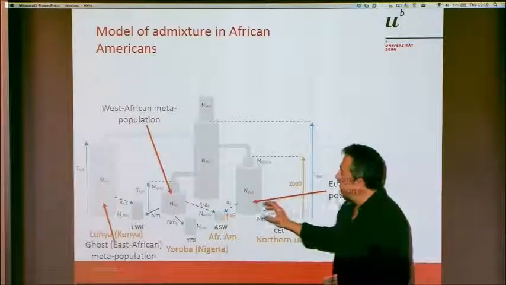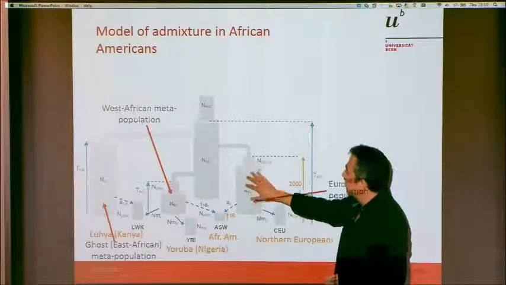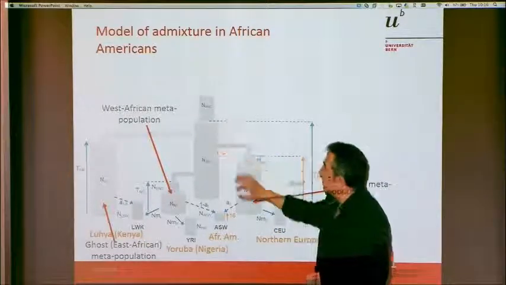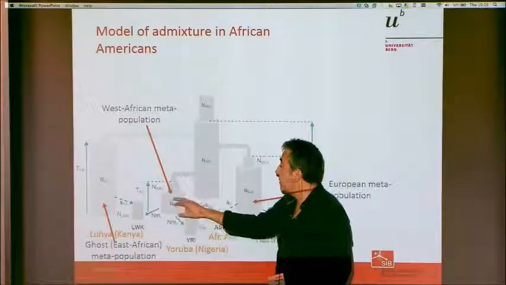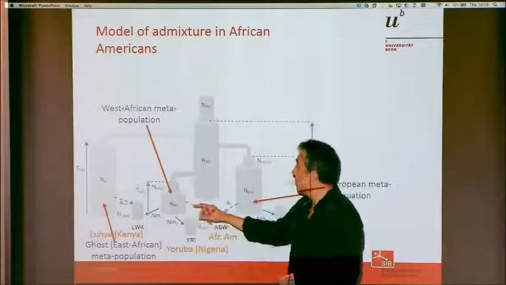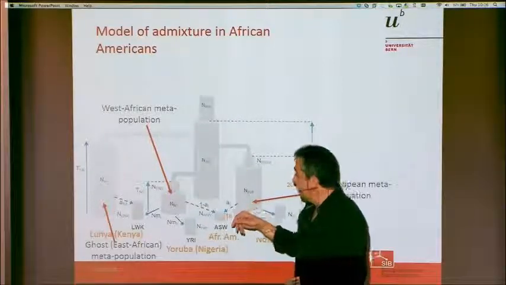And of course this European sample has diverged from some ancestral African populations, and this Niger-Congo population continent also has diverged from this global African continent.